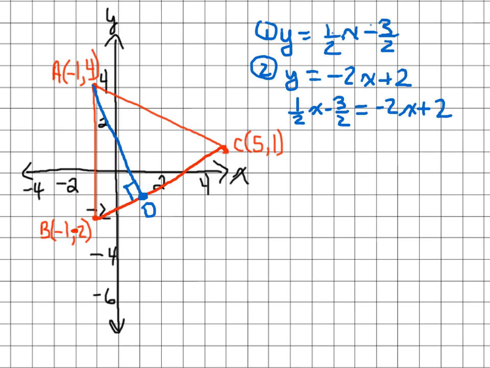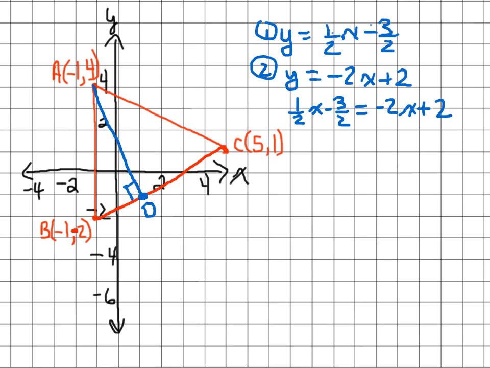So what I'm going to do is rearrange this so that all of my terms with a variable in it are on the left-hand side, and all of my constants will be on the right-hand side. It doesn't honestly matter which side you choose. I'm just choosing the left-hand side just because. So I'm going to do a couple of steps here at the same time.